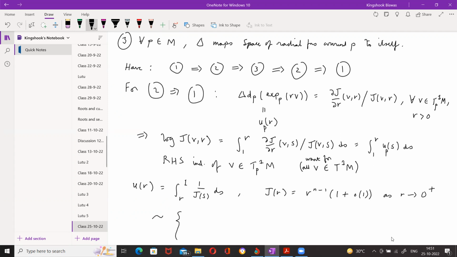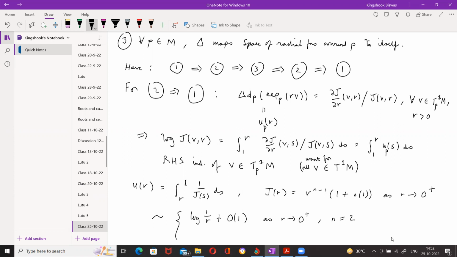here there will be a difference between 2 dimensions and higher dimensions. In 2 dimensions, this r to the n minus 1 becomes r. So when I integrate, I get the integral of 1 over r. So this will look like log 1 over r, plus big O of 1 as r tends to 0, when n is equal to 2.